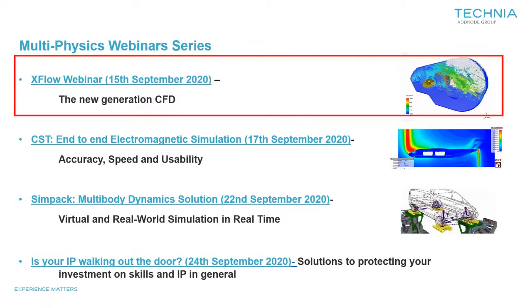And then the last in the series, we've labeled it IP walking out the door. Basically it's looking at the kind of IP, not in the products themselves, but actually in the individuals. People who have a lot of experience in FEA or engineering in general, a multitude of those techniques and experiences aren't written down.